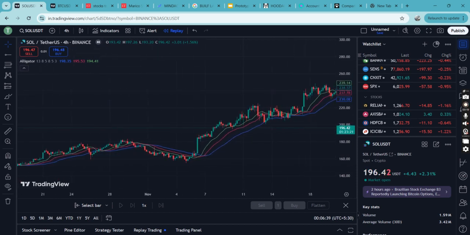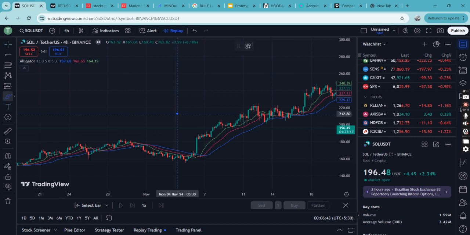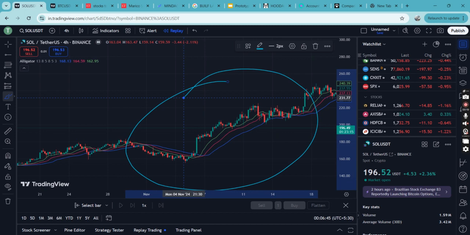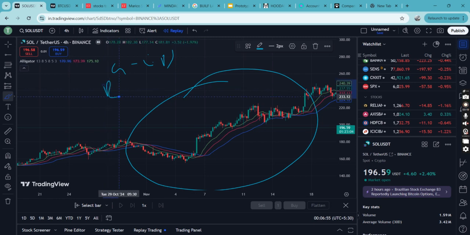That is something you must remember. Now when you see this particular portion, which you clearly know is an uptrend even by looking at it, the green represents the lips, the red is the teeth, and blue is the jaw.